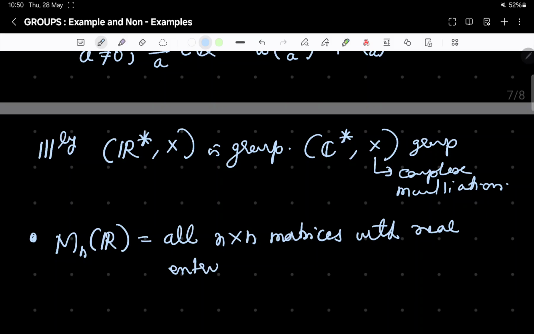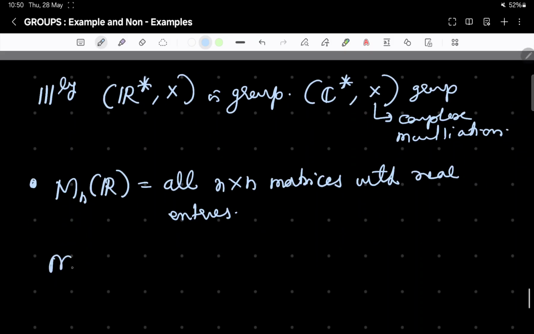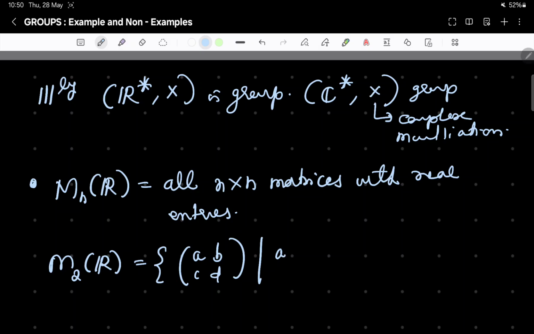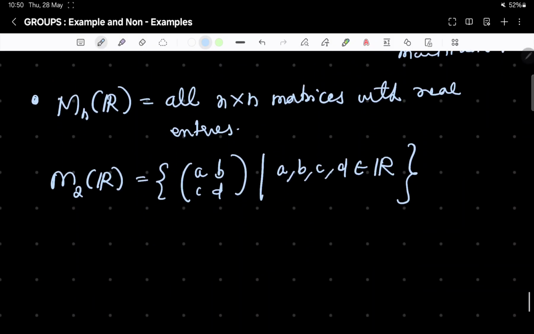What do you mean by this? For example, we can talk about M2R. So these are all 2 by 2 matrices, right? So that each A, B, C, D is coming from the real numbers. That's the idea. And if you use addition, our operation is matrix addition.